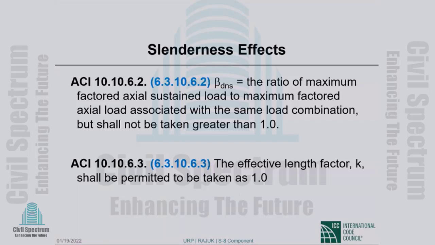Again, if you think about it, you will see what it is saying. And again, I would tell you more importantly that sustained lateral loads are not common.